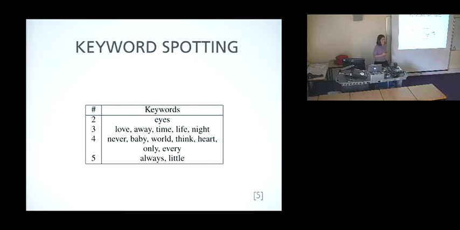Okay. And then on this data set, I just chose a couple of keywords that I thought would be interesting, and that also occur frequently. So I wanted some keywords that occur in more than one song, for example, because if it's just in one song, then the result is very dependent on the pronunciation of that specific singer. So yeah, those are words that you would probably expect in songs.